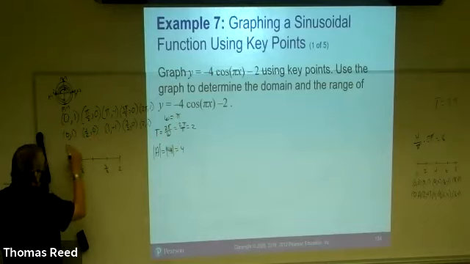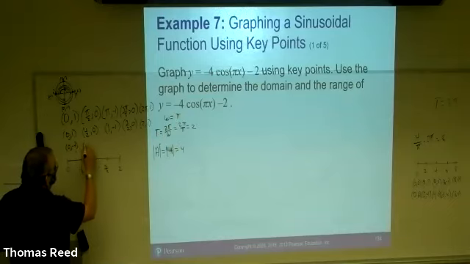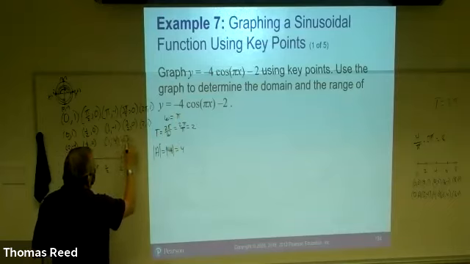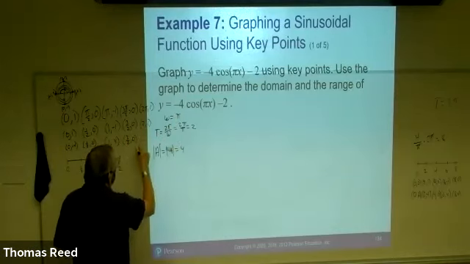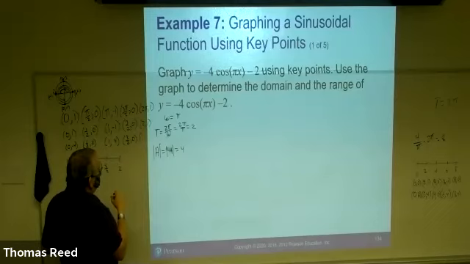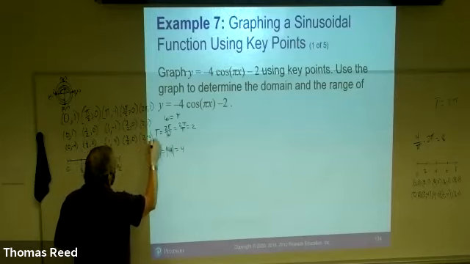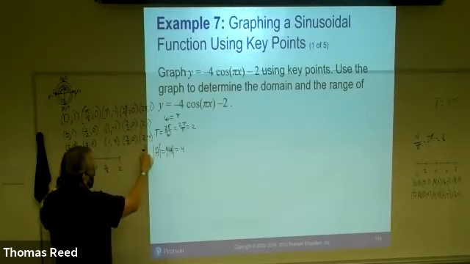So this becomes 0, -4. This becomes 1/2, 0. This becomes 1, 4. And this becomes 3/2, 0. 0 times anything is still 0. And 2, 1 becomes 2, -4. The first point and the last point should be the same.